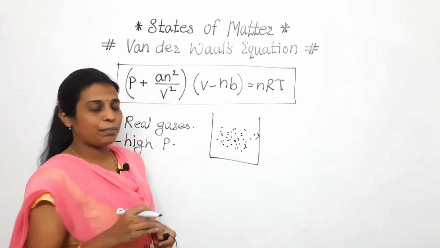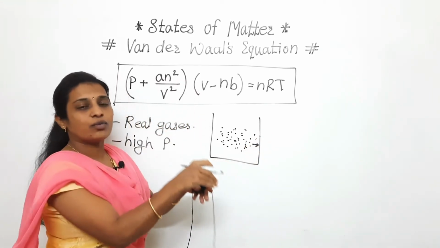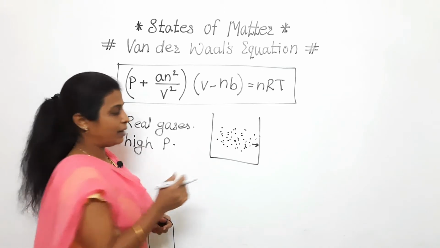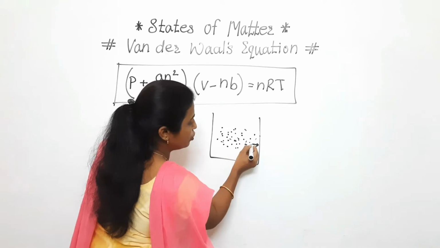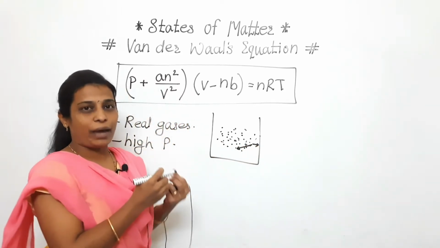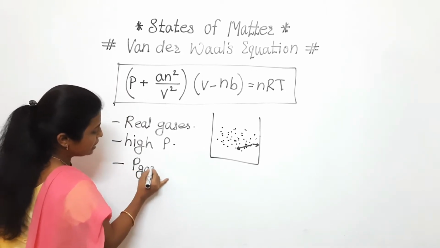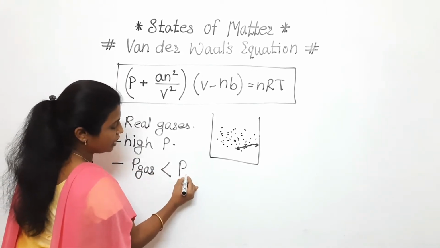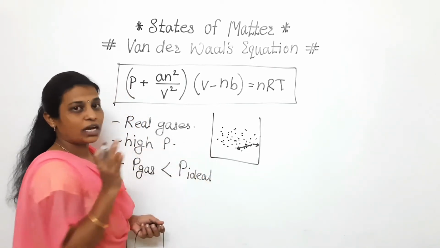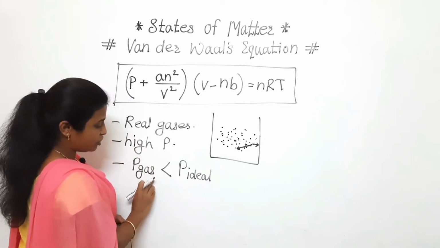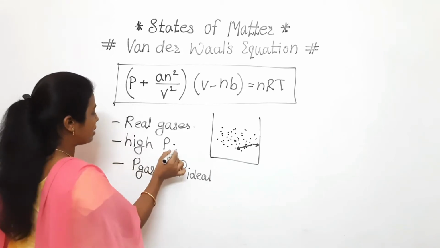That's why, when a molecule is moving to collide on the wall with full impact, the other nearby molecules drag it back, and so the pressure exerted by the gas is lower than the pressure exerted by an ideal gas. Hope everyone understood why the pressure of the real gas is lower than that of the ideal gas at high pressure.